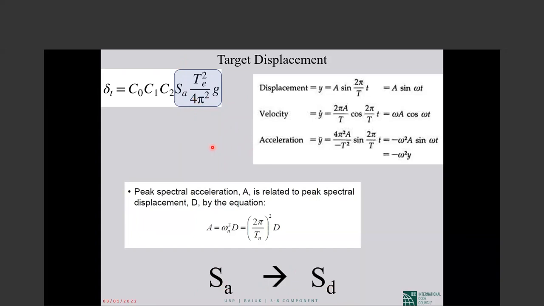But here we call it TE, the equivalent, because we are talking about a building that gets damaged, a building whose stiffness changes. Because of that, the initial period of the building is better to be modified, because really the building period changes.